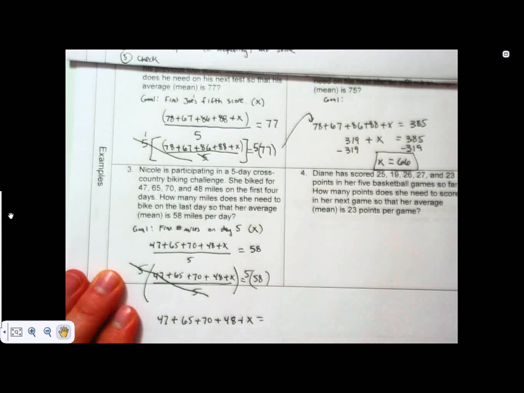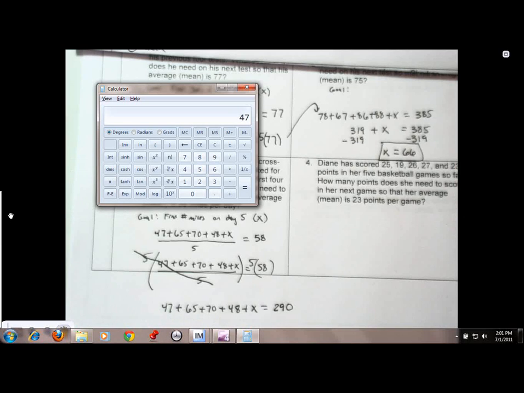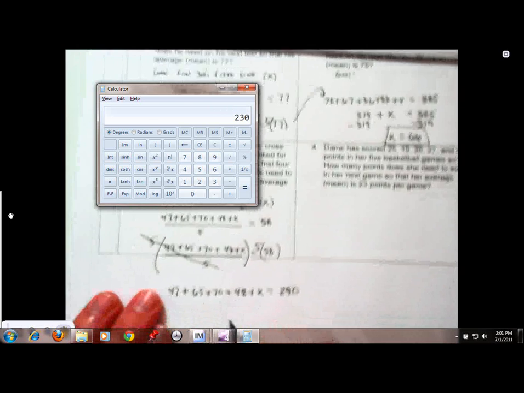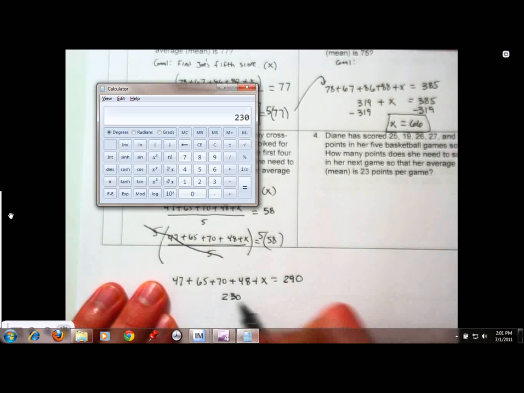On the other side, we should get an answer of 290. And now if we add the pieces together, on the left-hand side, if we combine our like terms, we'll have 47 plus 65 plus 70 plus 48 is equal to 230, plus x equals 290.